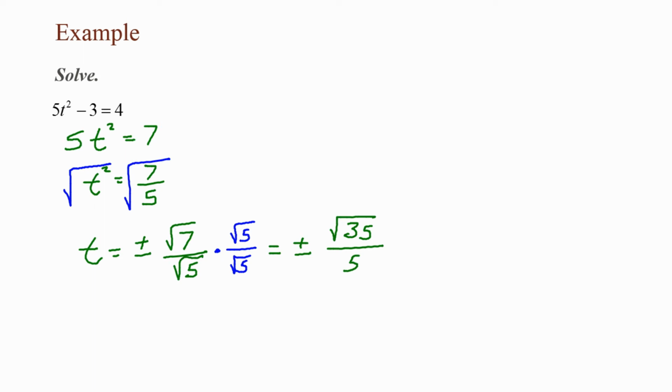This cannot be simplified any further. I can also write my answer as the square root of 35 divided by 5, or negative square root of 35 divided by 5.